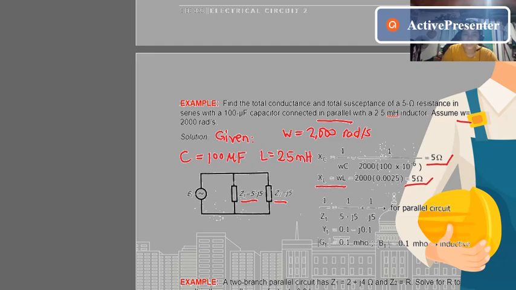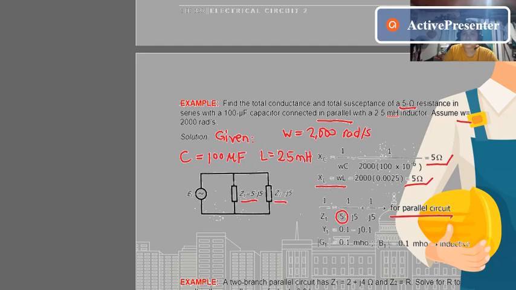Where does this 5 come from? It is the given 5 ohm resistance, and our XC is also 5 ohms, so the same, plus 1 over j5.